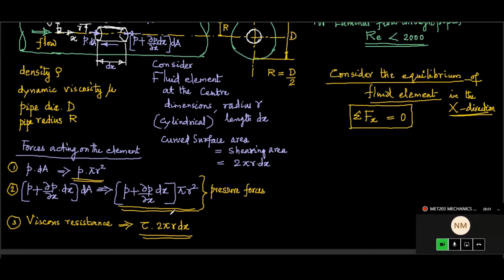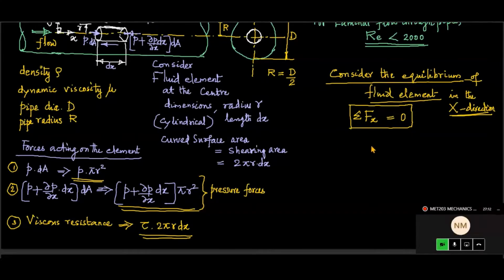So we consider that the flow is fully developed, so that the axial flow velocity is constant. Any cross section you take, the velocity profile or velocity distribution will be identical. We will consider such points later also. So sigma Fx equal to 0 for a fully developed flow, there is no acceleration.